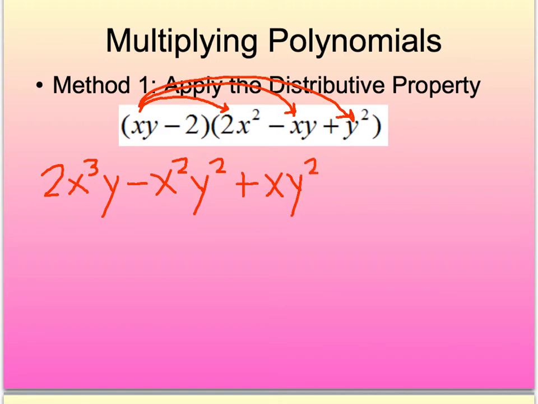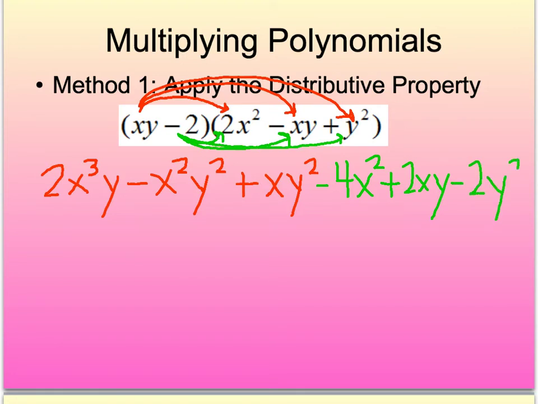And so next we're going to be giving the negative 2 to all three of these terms in the second parentheses. So first, negative 2 to positive 2x squared. That's going to give us negative 4x to the second. Then negative 2 to the negative xy. It's going to give us positive 2xy. And finally, negative 2 to positive y squared is going to give us negative 2y squared.